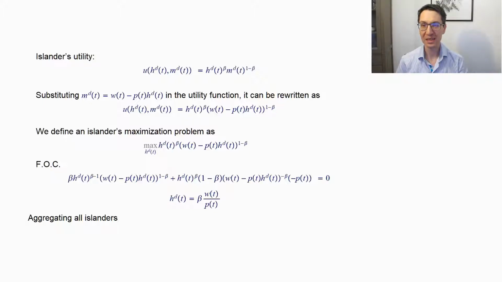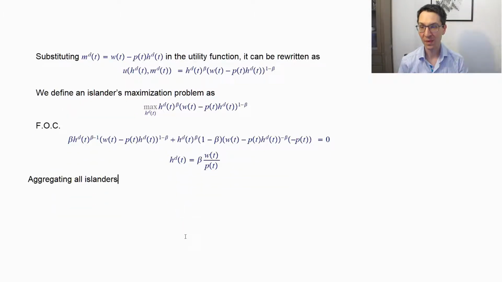Since individuals live for 1 unit of time and they supply 1 unit of labor, so they all work exactly the same and they don't choose how much work they provide, it's just 1 unit, then the total population is exactly equal to the total labor supplied, so the total labor available, which is simply L_t.